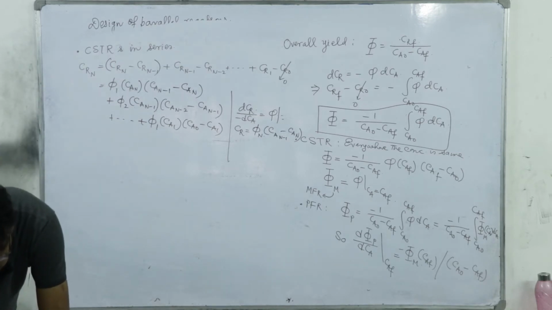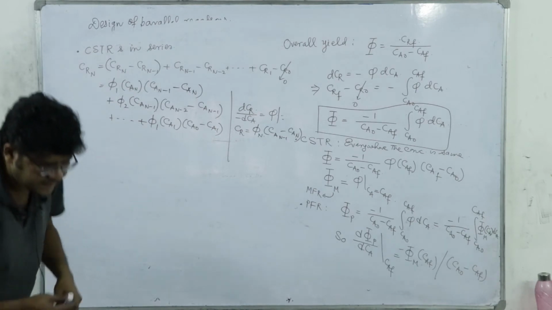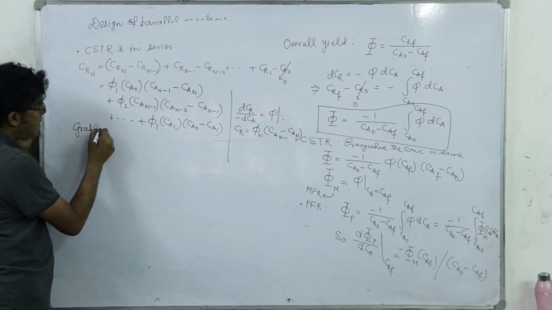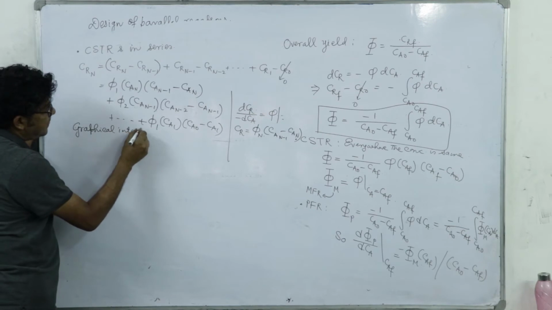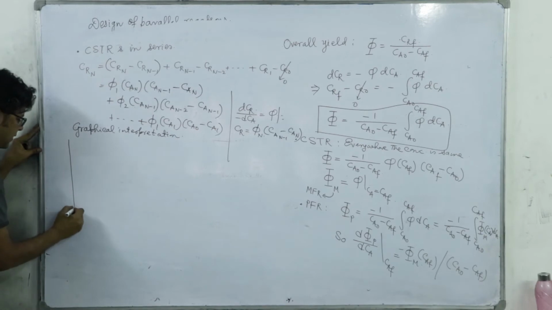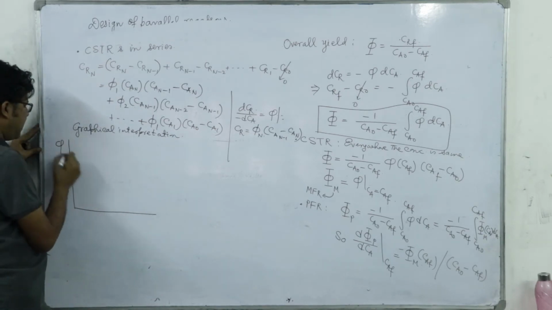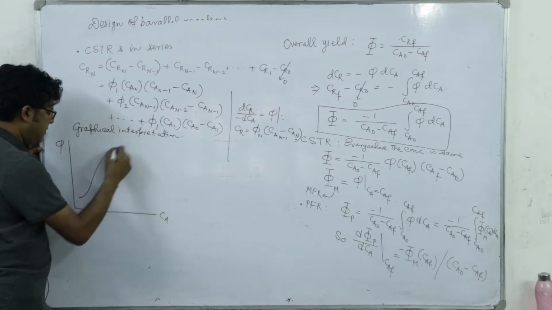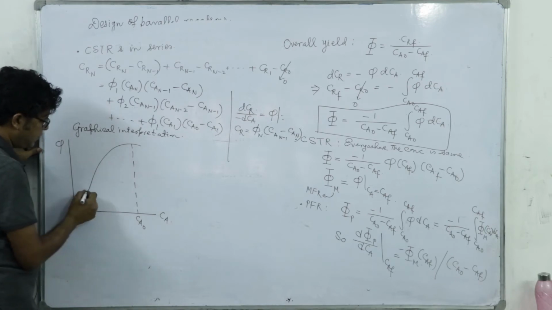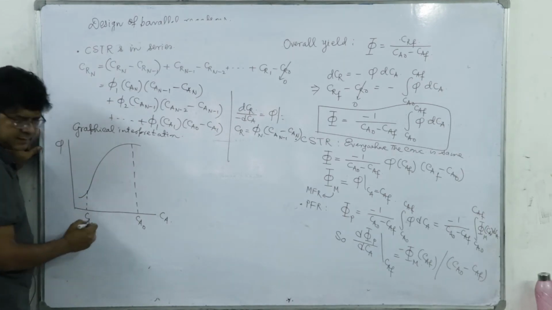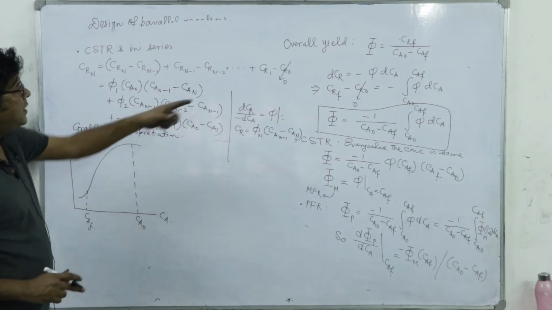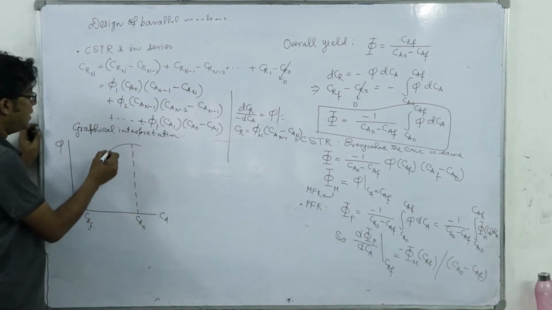Okay. So if you think of the graphical interpretation, we can understand that this phi versus Ca, if this is the plot, this is Ca0, this is CAF. So CRF is equal to the area under the curve.